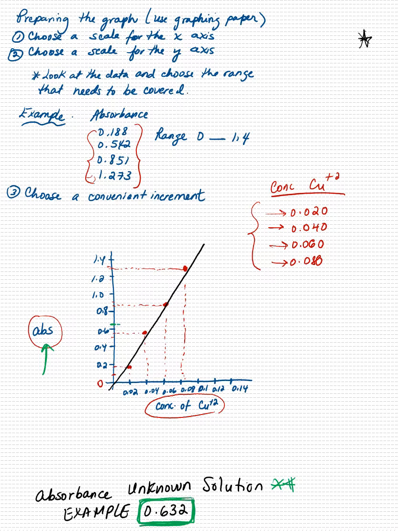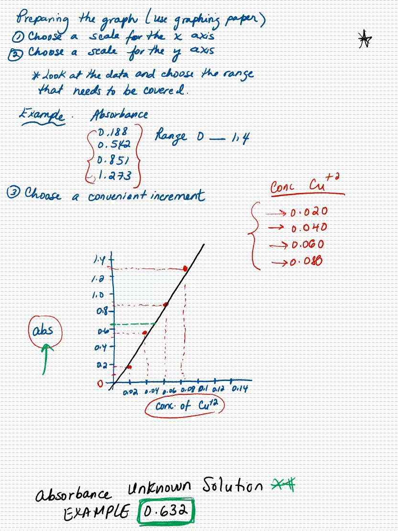From that absorbance value, you're going to move to the line that you have. You see how you're preparing your graph. Your first dot is where your concentration meets your absorbance value. The second one, concentration meets absorbance. The third one, concentration meets absorbance. The last one, again, concentration meets absorbance.